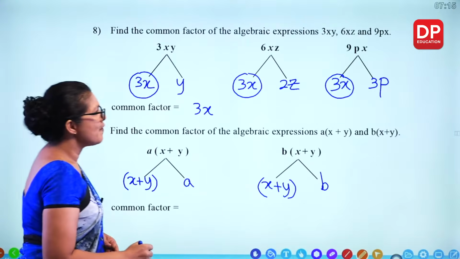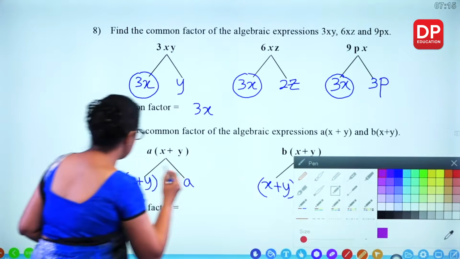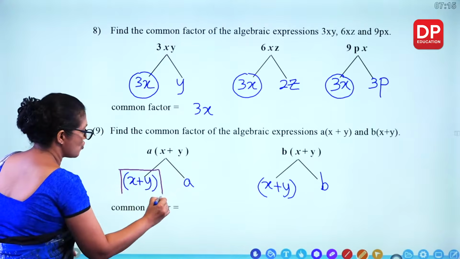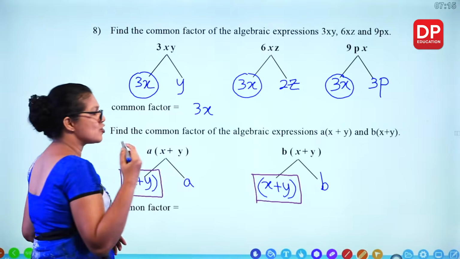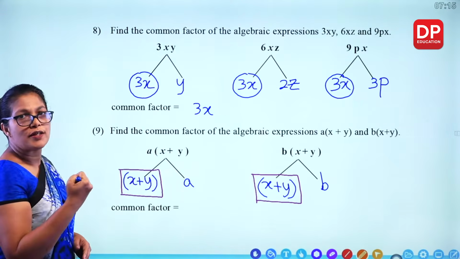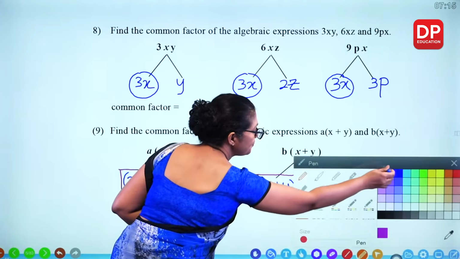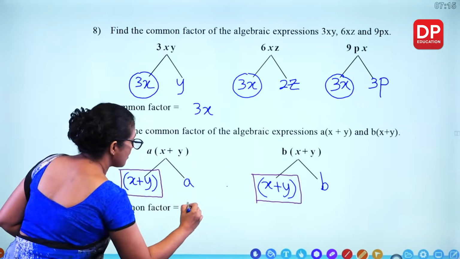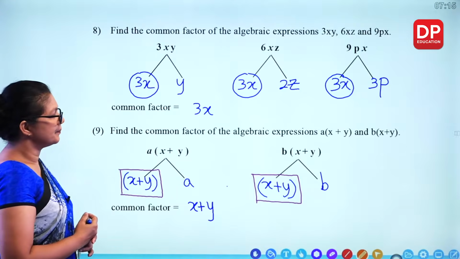So what's the common one there? We can see the common one is this expression. So you need to remember when you are trying to find factors, it can be just a number or letter or expression. So I can take x plus y out. So that's the common factor.